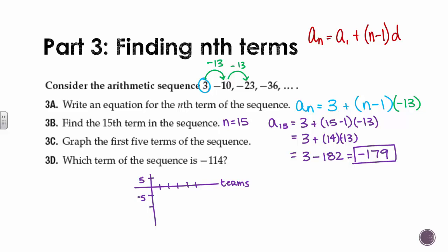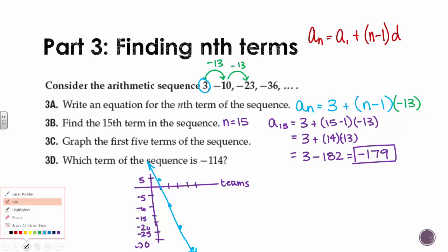Negative 5, negative 10, negative 15, negative 20, negative 25, negative 30. Let's see if all this fits. So my first term is at 3. My second term is at negative 10. My third term is at negative 23. My fourth term is at negative 36. My other one runs off the graph, but you can see that they form a nice straight line, just like they could.